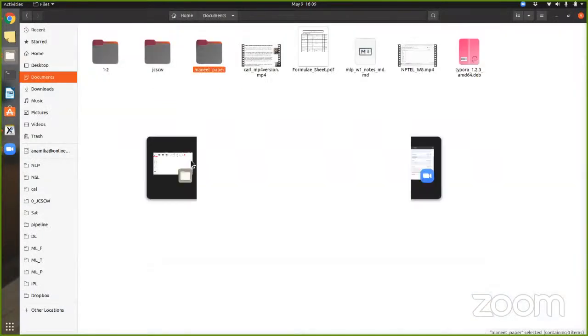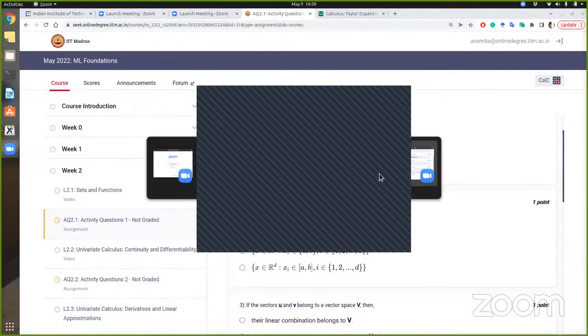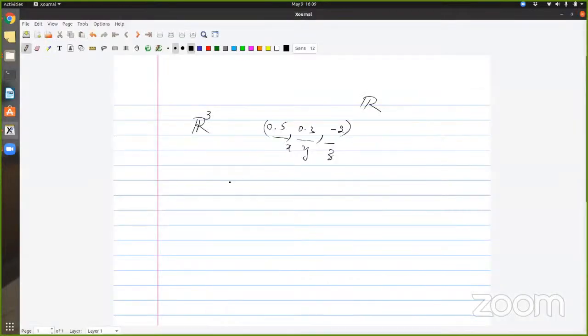Now, getting back, when we talk about [A, B]^D, it's a closed interval A comma B, and D-dimensional. So this R is replaced by [A, B], and that is D-dimensional. If you compare with R^3, each tuple had 3 entries. Now each tuple should have D entries, right? And what should be the values of each element in this tuple?